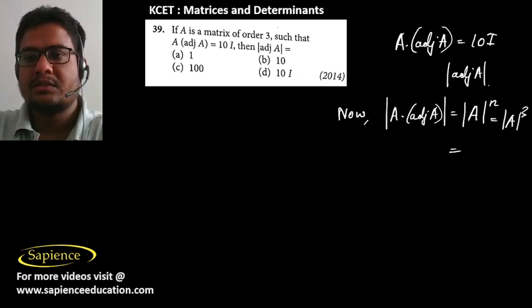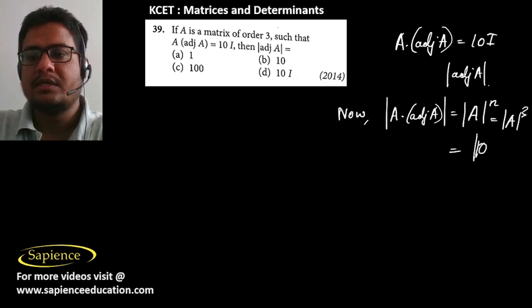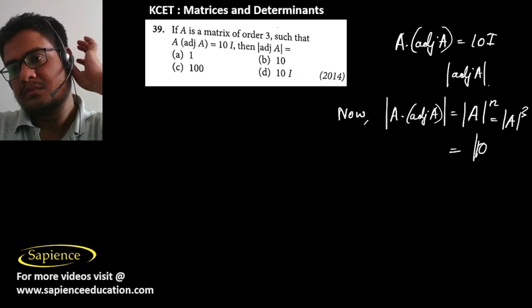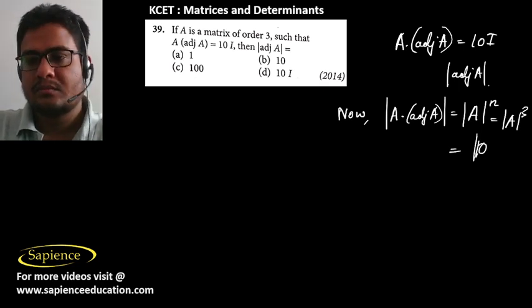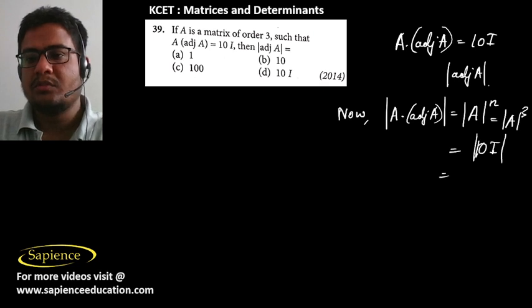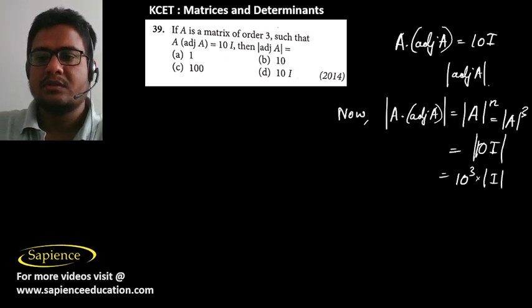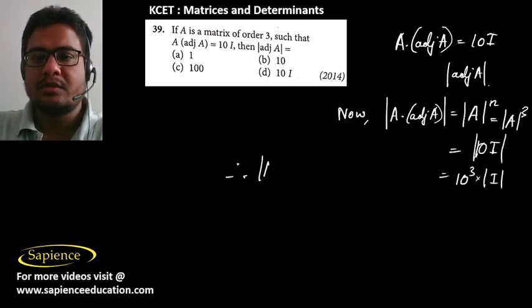So that is the determinant of 10 into I. So it will be 10 power 3 into the determinant of I, which is 1. So therefore the determinant of A is equal to 10.